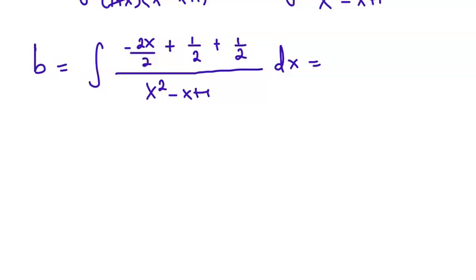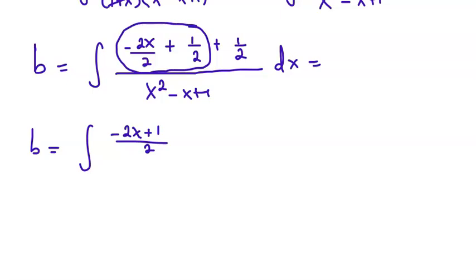So nothing has changed, right? So B is equal to the integral, and we split the denominator. We get negative 2x plus 1, whole divided by 2, that is for this part here, making a common denominator, then divided by x squared minus x plus 1 dx.